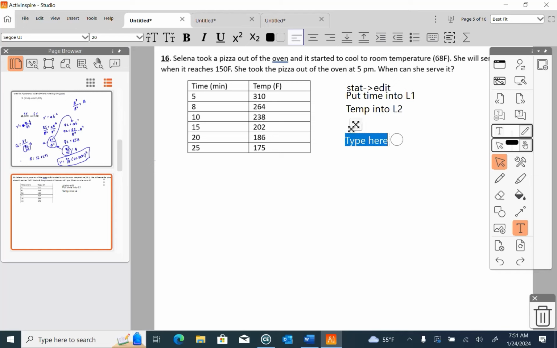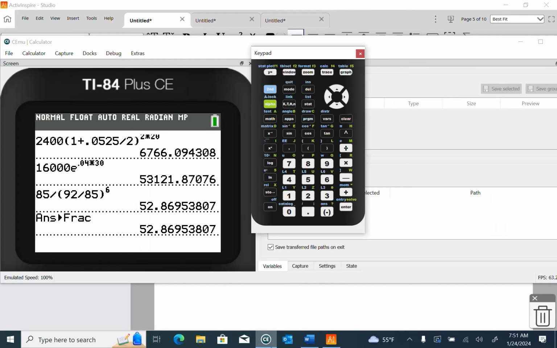Then I'm going to quit. And I'm going to press stat, calc. I'm going to scroll on down to exponential regression. Blah, blah, blah, hit calculate. That's how I'm going to do this problem.